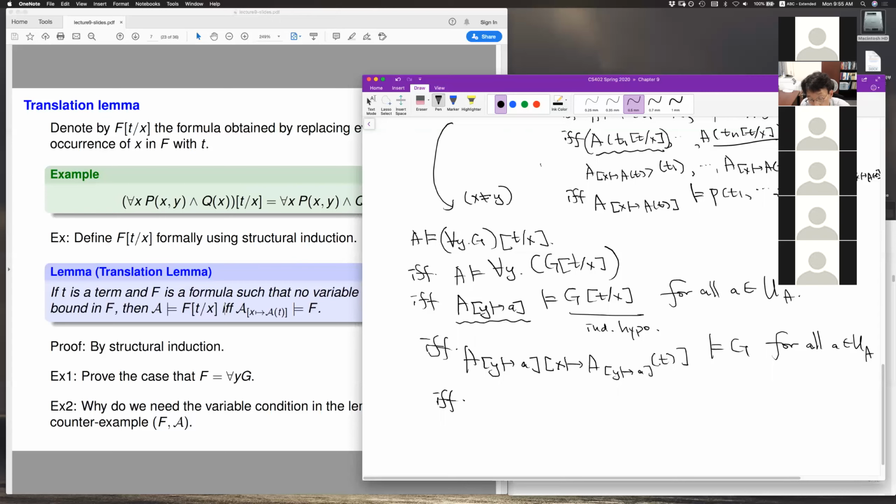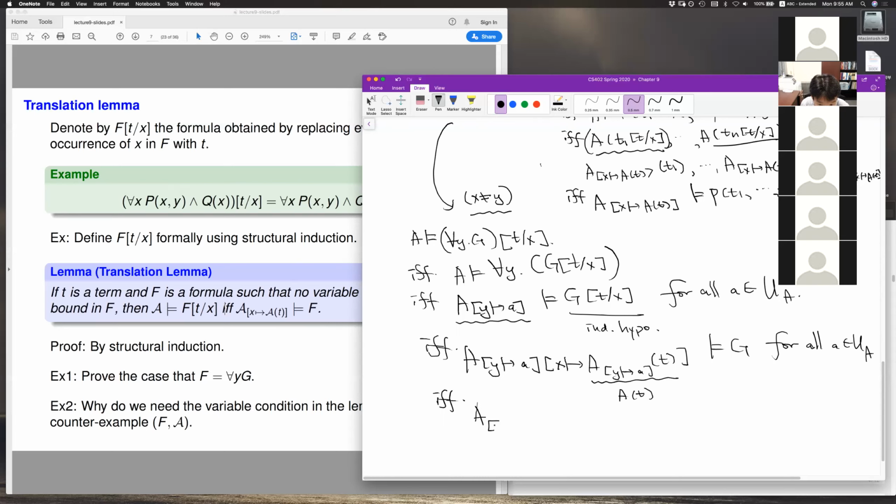And then the version of the relevance lemma for terms says this one has the same meaning as A of T. Another thing that we know, by the assumptions, is that X is different from Y. So replacing the binding for Y first and then X next is the same as replacing the binding for X first and then Y next.